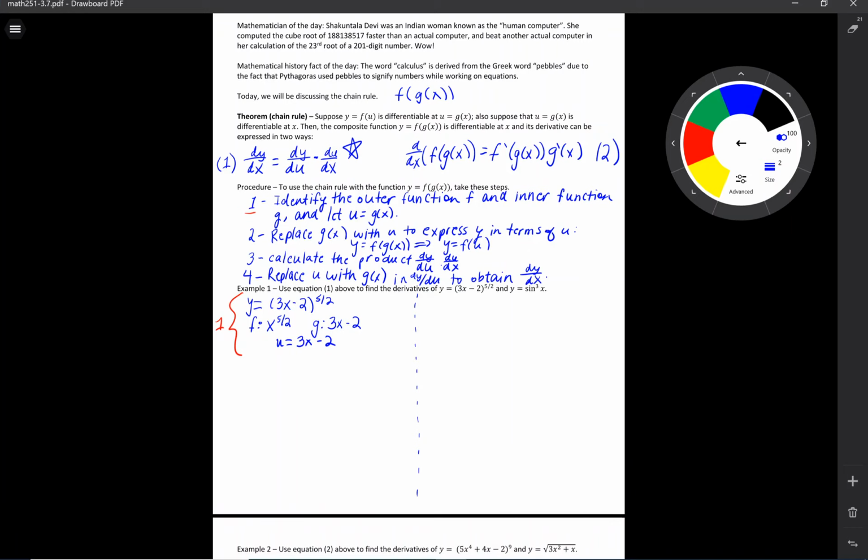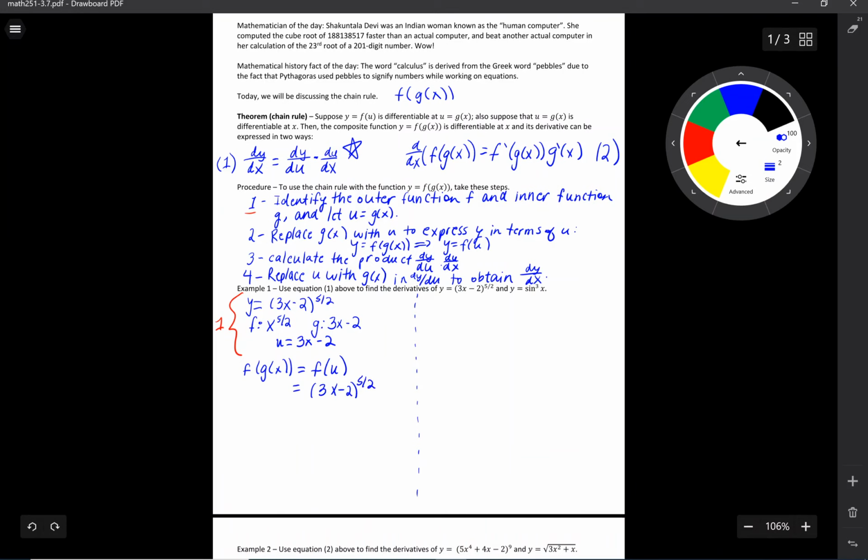Next, I replace g of x with u to express y in terms of u. So this gives me f of g of x is now equal to f of u. So this means I have 3x minus 2 to the power of 5 halves.